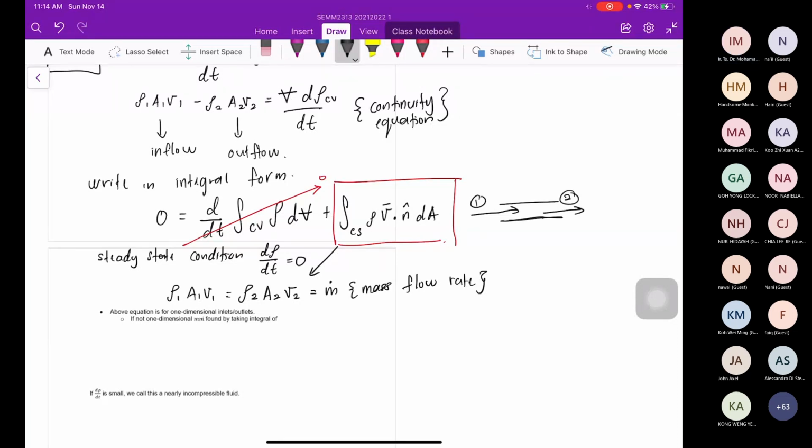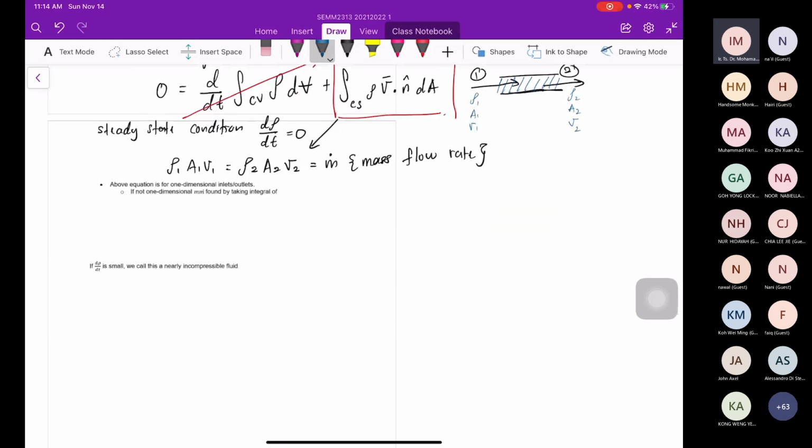So you use rho 1 A1 V1 equals rho 2 A2 V2, that is the rho, area and velocity at 1 and at 2. If area 1 and area 2 are the same, we can cancel out A1 equals A2. If the density is the same, density 1 equals density 2, then velocity 1 also equals velocity 2.